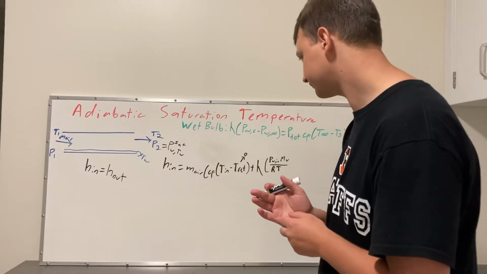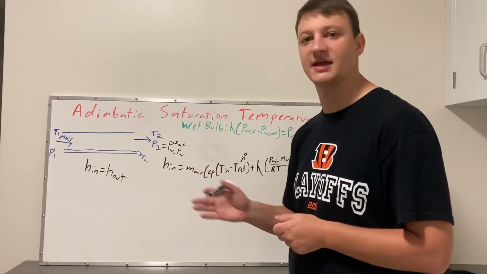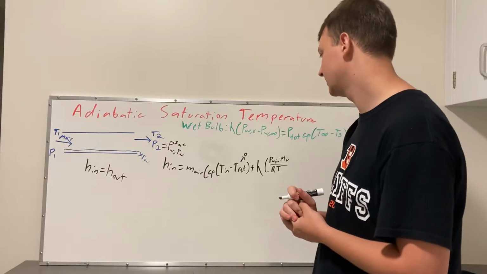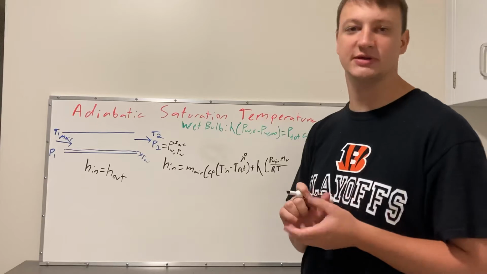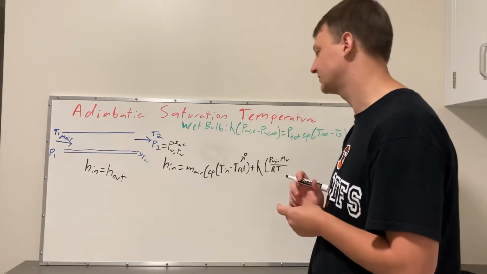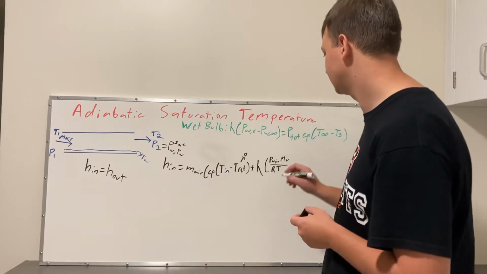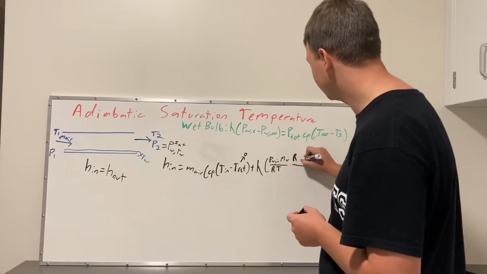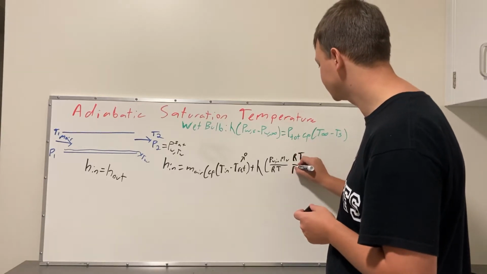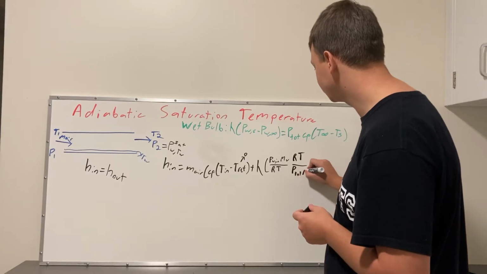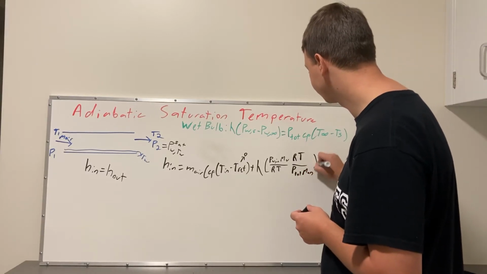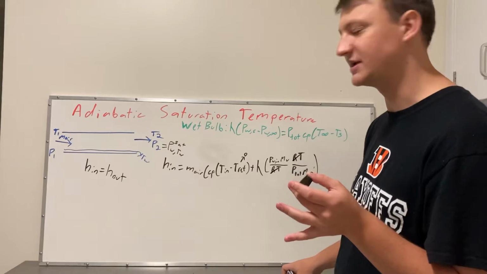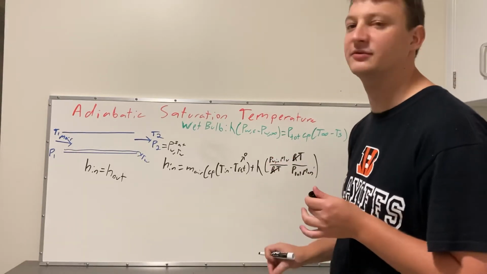Now, to cancel out the mass of the air, which is kilograms of air per second, we're going to use the total pressure times the average molecular weight, and we're going to multiply that inversely. So you have the gas constant R times the temperature times the total pressure times the average molecular weight. Canceling those out gives you a ratio of the pressure times molecular weight over the total.